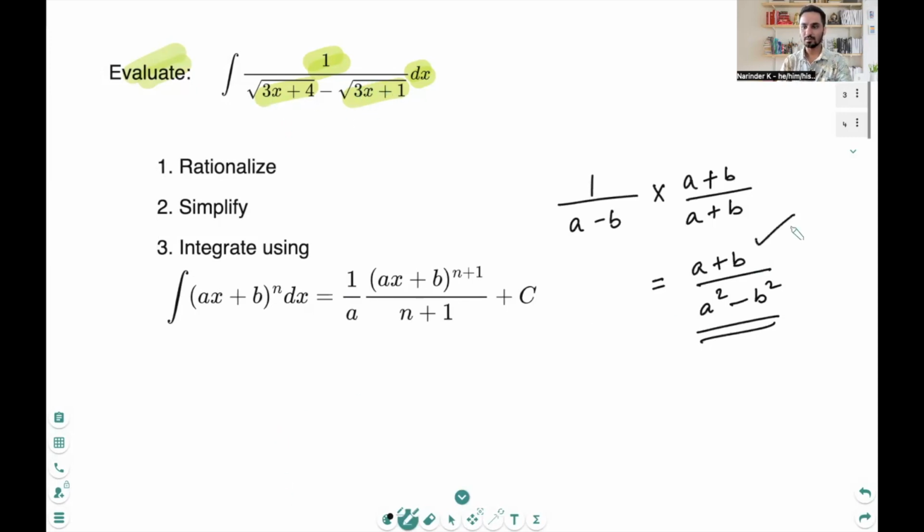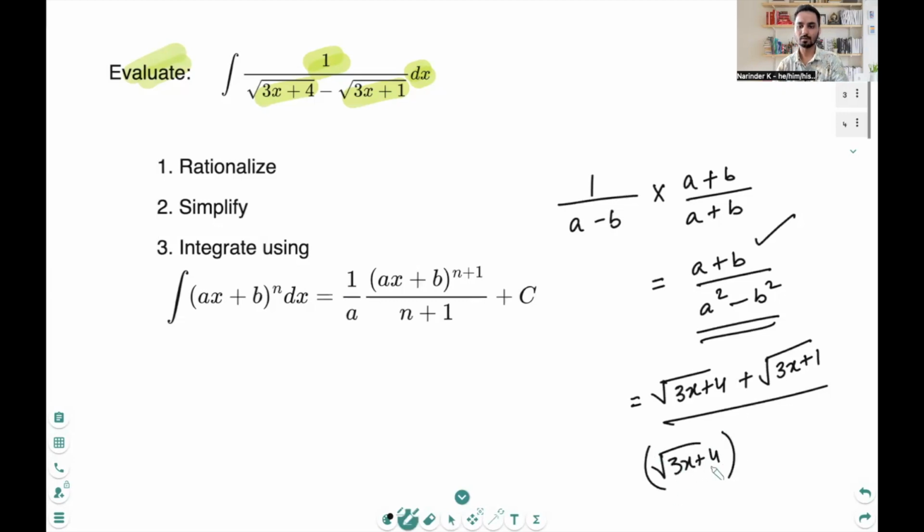Applying this, the expression becomes square root of (3x + 4) plus square root of (3x + 1), over square root of (3x + 4) squared minus square root of (3x + 1) squared.